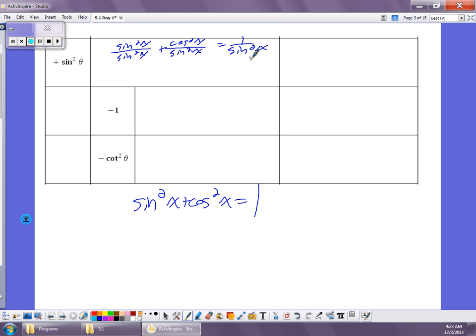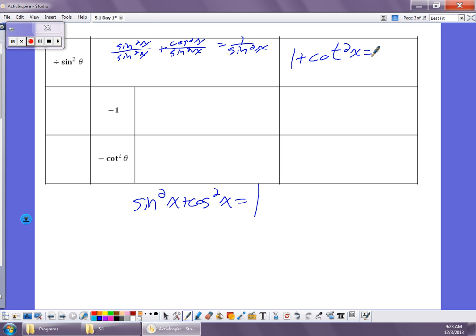Looking back to the warm-up, well, first of all, what would sine squared x over sine squared x be? We have 1. Okay. What was cosine over sine from the warm-up? Cotangent, right. So 1 plus cotangent squared x.